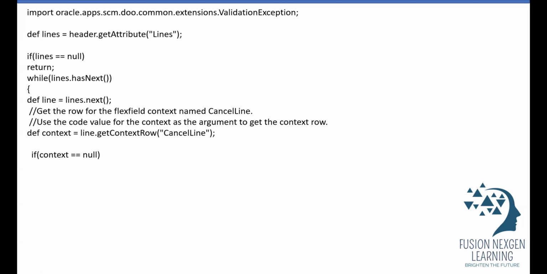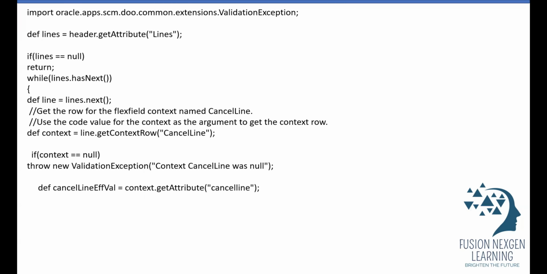And then if context is null, then throw a new validation. That is the error. If the cancel line context is null, then it will throw a prompt that we have seen while creating the order. If there is no value, it will throw a message. You can default that particular value so that it won't throw a message. Based on your requirement, you can customize it.